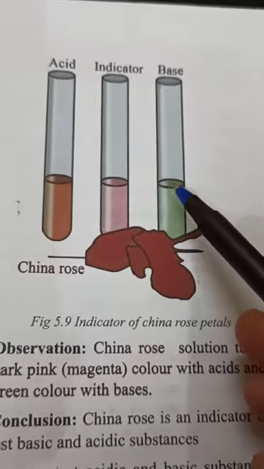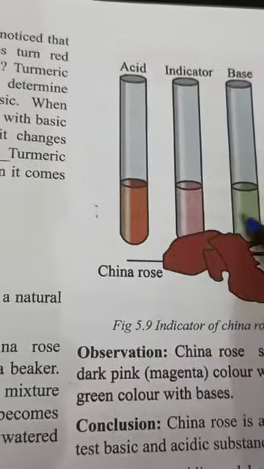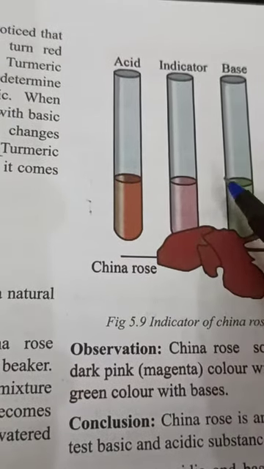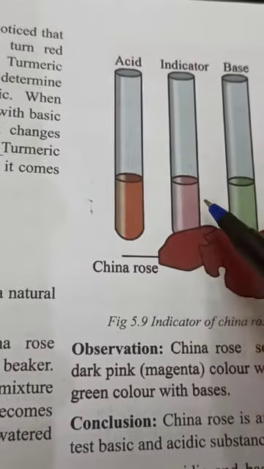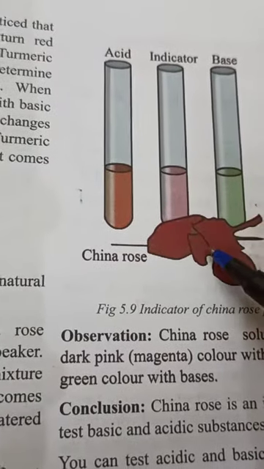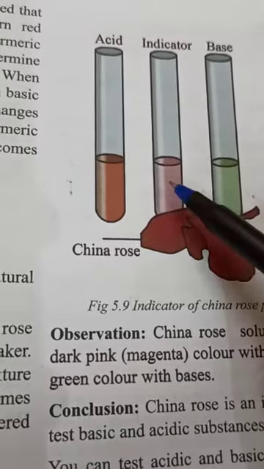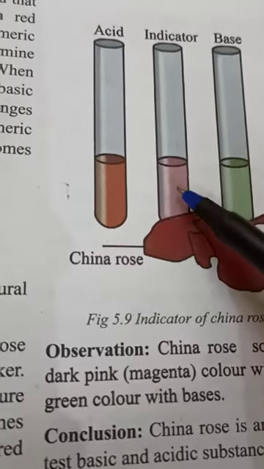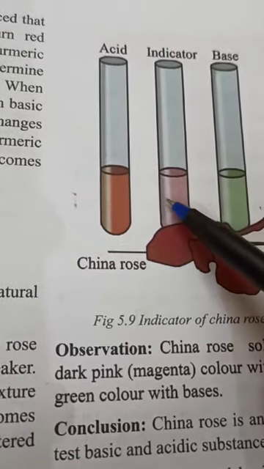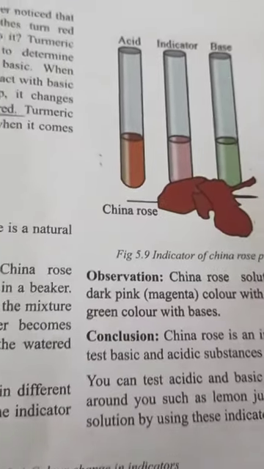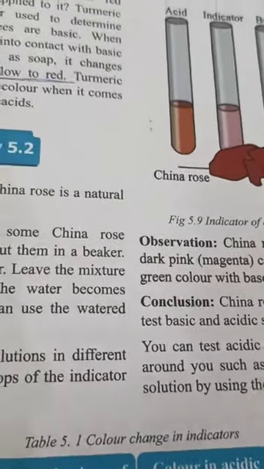Okay, so through this activity we can understand that when we take extract of China rose petals, they will also act as an indicator. So this activity I have shown you already.